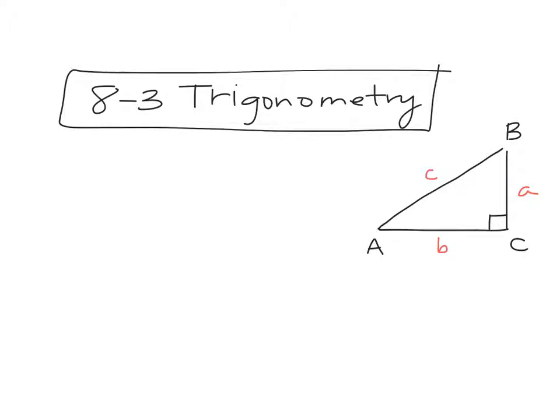Here are the relationships. If I say the sine of angle A, when we're finding the sine of angle A, sine is always the opposite side over the hypotenuse. So opposite over hypotenuse.